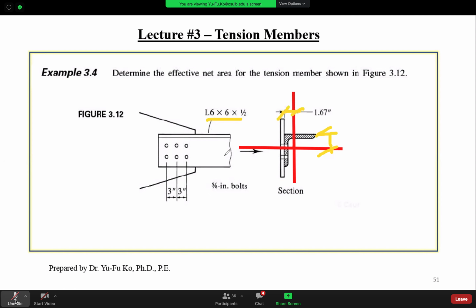So there should be 2 values. The 1.67 that's shown in your example, that's X bar? In this case, X bar equals Y bar because they are symmetric. If the angle is non-symmetric, for example 6 by 4 by 1/2, then you need to figure out which direction is X bar and which direction is Y bar, based on the manual.